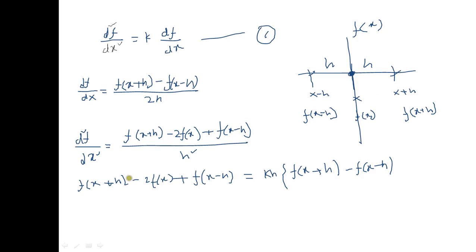What we can write here: I can bring this out to the right hand portion, and I can bring this portion to the second bracket. So 2f(x) would be f(x+a) plus f(x-a).